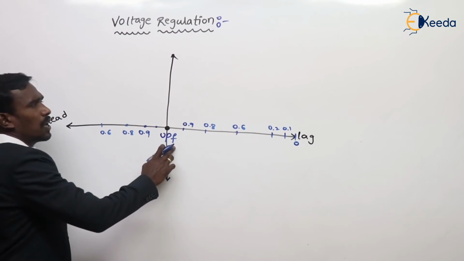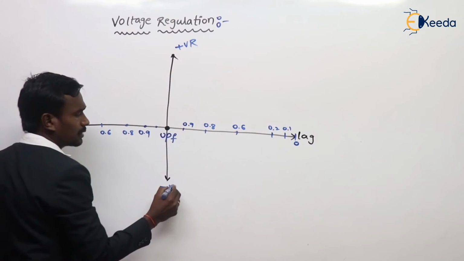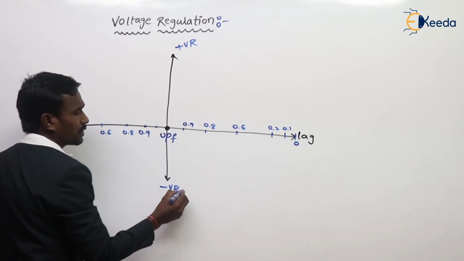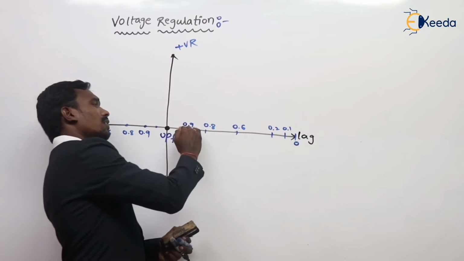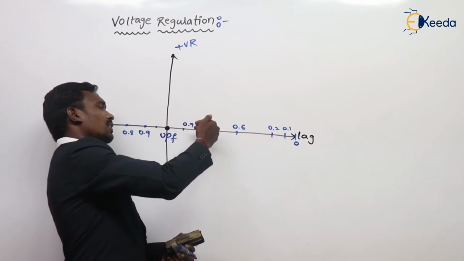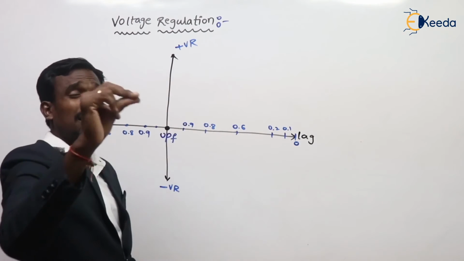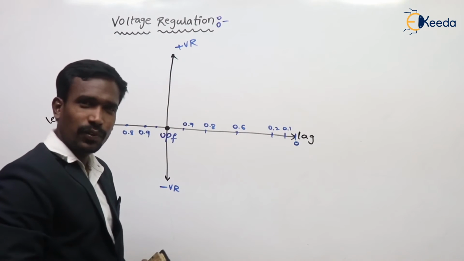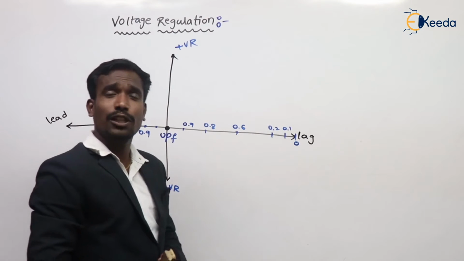This is unity. This is positive voltage regulation, and this is negative voltage regulation. Above the x-axis is positive voltage regulation, below the x-axis is negative voltage regulation, and on the x-axis is zero voltage regulation.